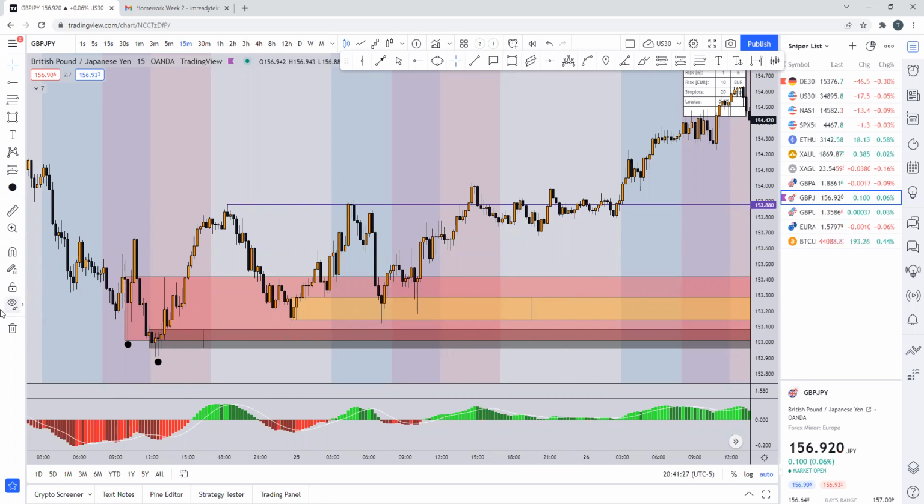But I guess the easier way to say it: if it touches the second dot right here before it breaks the structure of the first dot, this over here, then essentially you can just wait until it breaks structure again and then look at it once it comes down here. But I'm just saying, if you can't wait, you can skip this whole step right here. You can take that step out if you want and just wait.